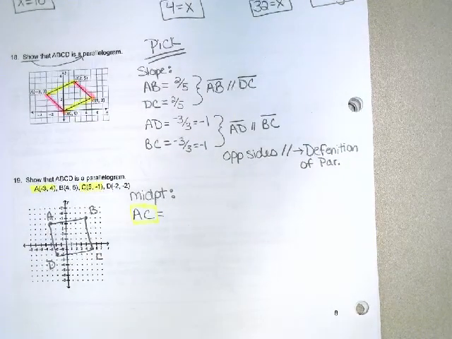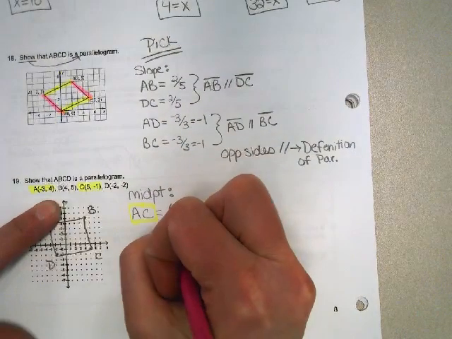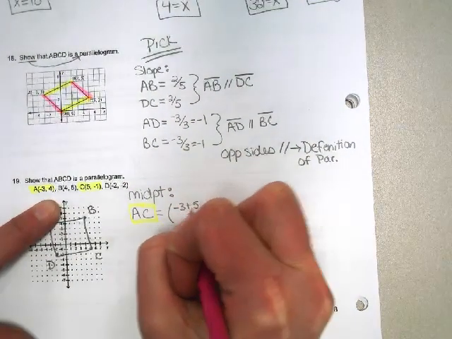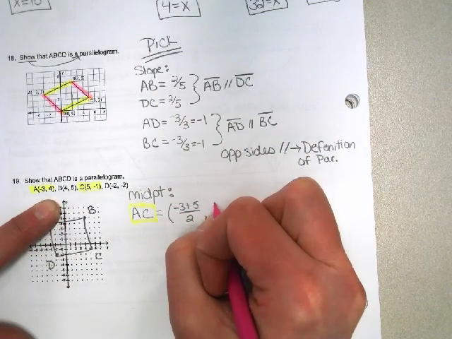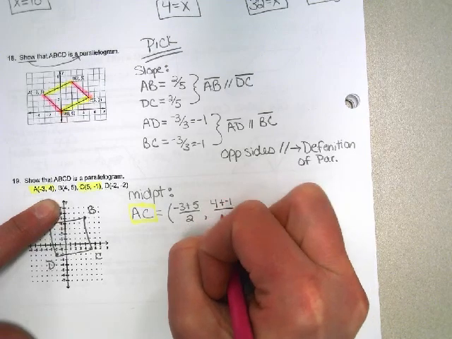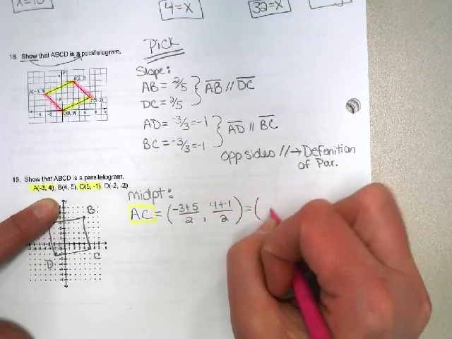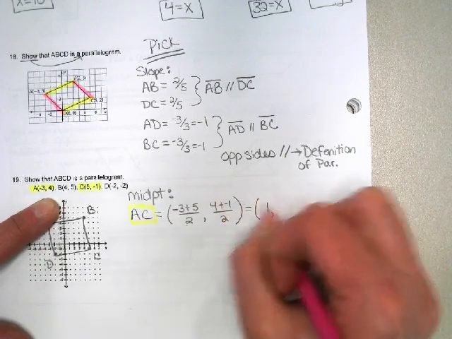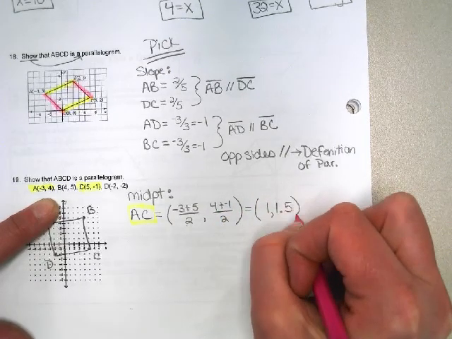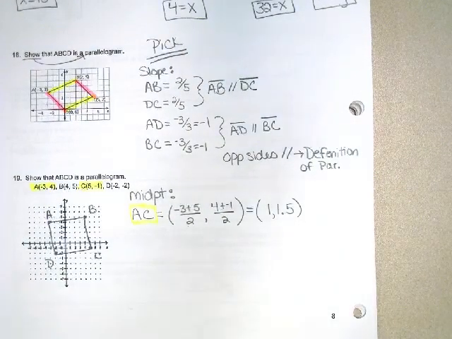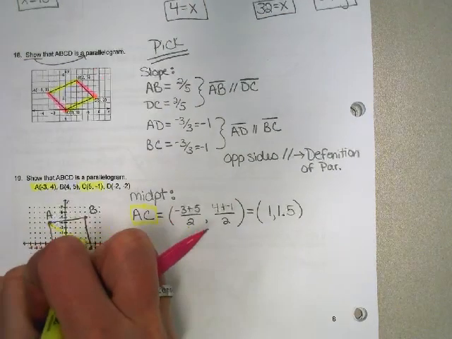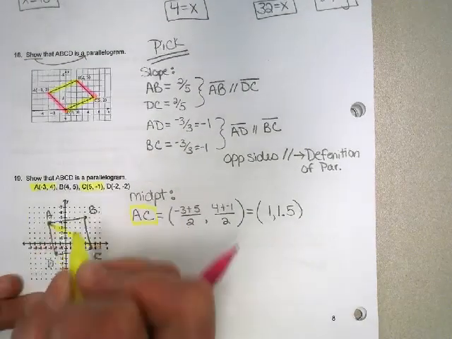So when I do the midpoint of AC, I've got to watch my numbers here. I'm going to add my x's together and divide by 2, and then add my y's together and divide by 2. So that's going to give me 2 divided by 2 and 3 divided by 2.